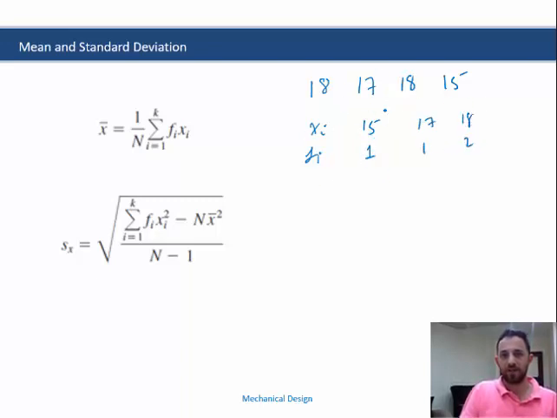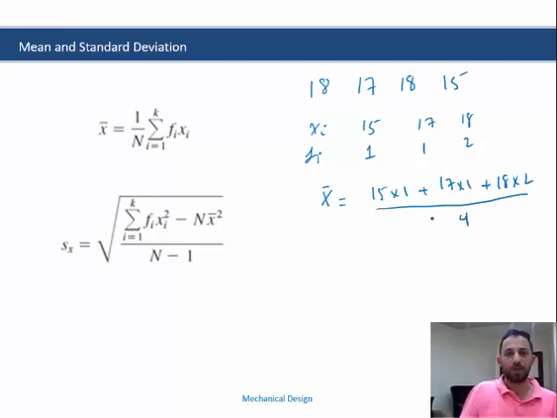In order to find the average of the grade inside the classroom, you just say xi 15 multiplied by 1 plus 17 multiplied by 1 plus 18 multiplied by 2 over the total number of students, which is 4. Okay, or you sum up all those numbers over 4.